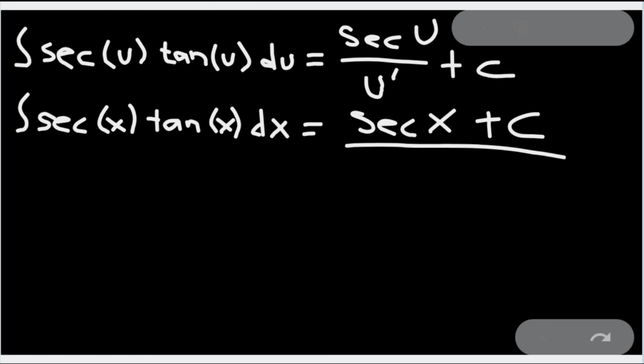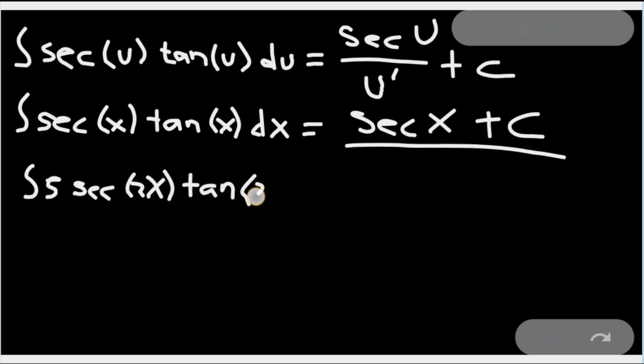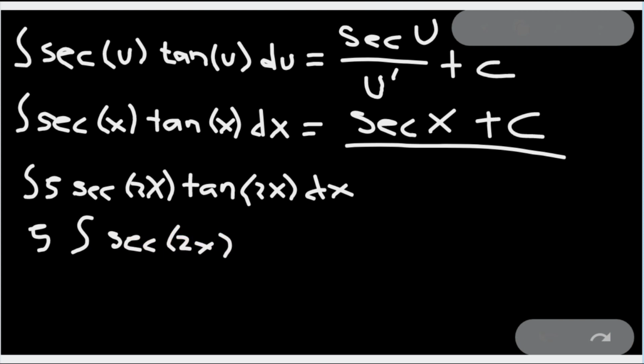Now, let's try another example. Let's say we have the integral of 5 secant 2x tan 2x dx. First thing that we need to do is to set aside or put on the left side the value of constant 5 times the integral of secant 2x tan 2x dx.